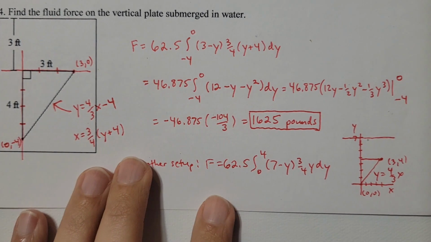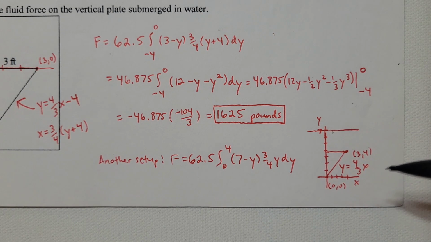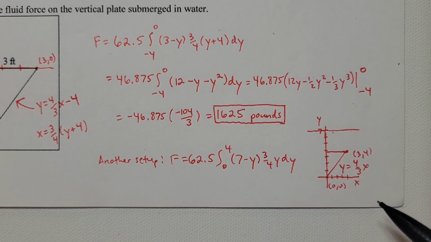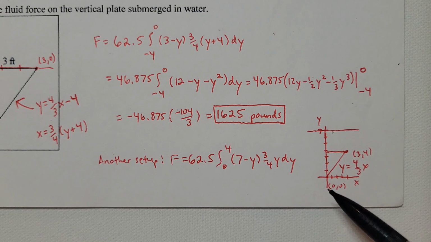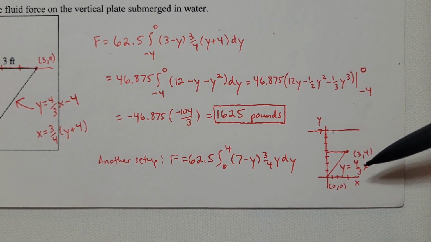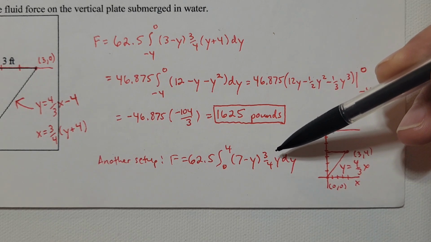And now the equation of this line here is 4/3 x, right? So the slope is, I'm going up 4 and to the right 3, 4/3, and times x. So I'm also going through the origin, right? Y equals 4/3 times x. Well, when I solve this for x, x is equal to 3/4 times y.